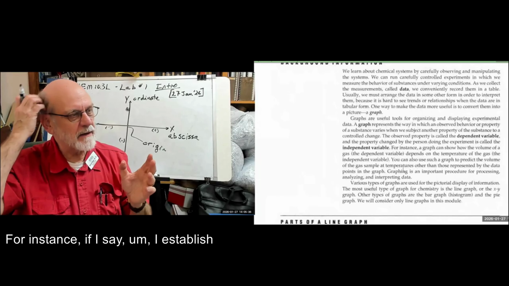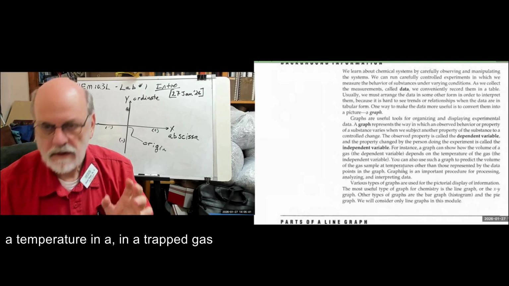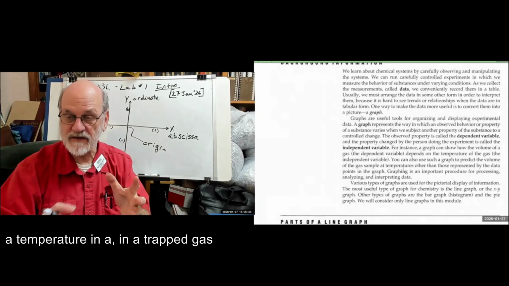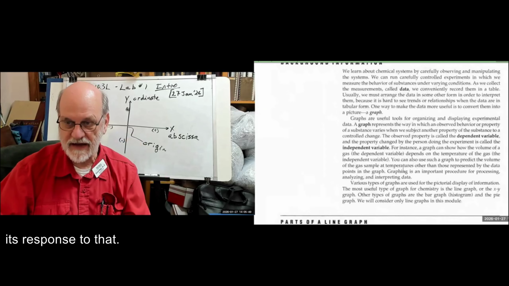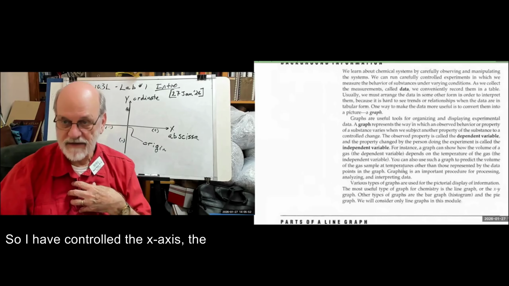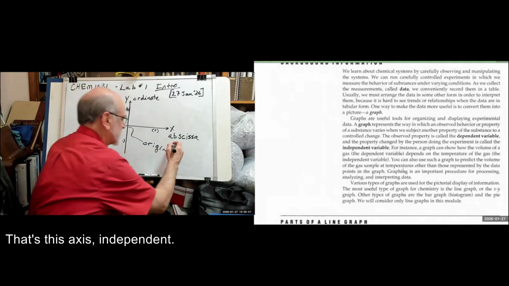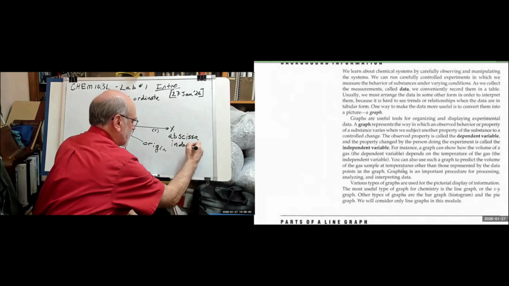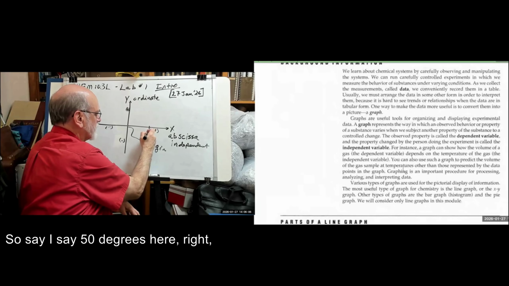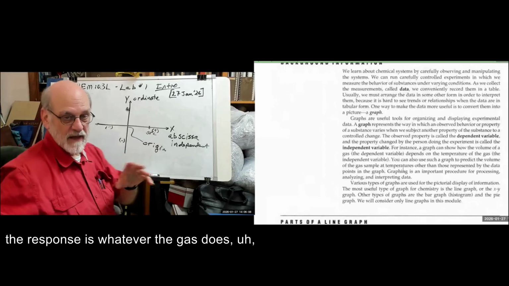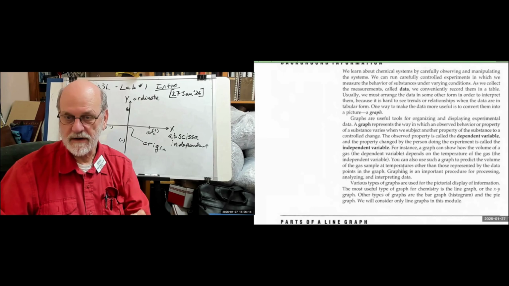For instance, if I establish a temperature in a trapped gas of 50 degrees Celsius, then I measure something, its response to that. So I have controlled the x-axis, the independent variable. That's this axis, independent. So I say 50 degrees here, right?